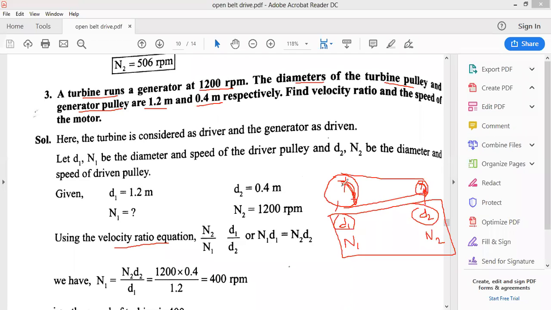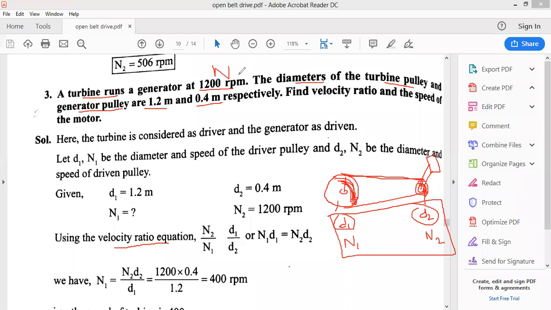Let us assume there's a shaft here, and once the turbine rotates, this shaft also rotates, and from here it is connected to another pulley, where there's one more shaft. To this shaft the generator is connected.